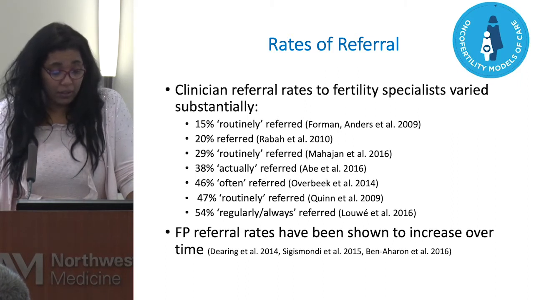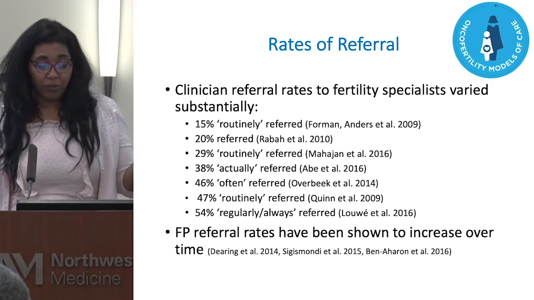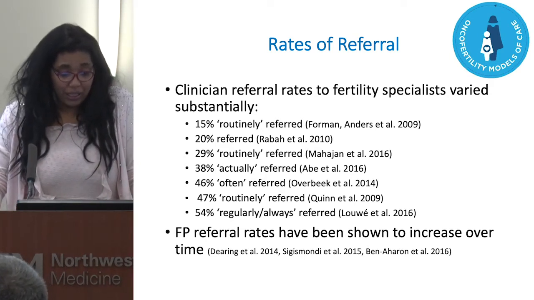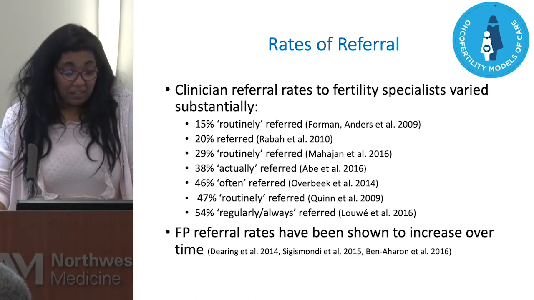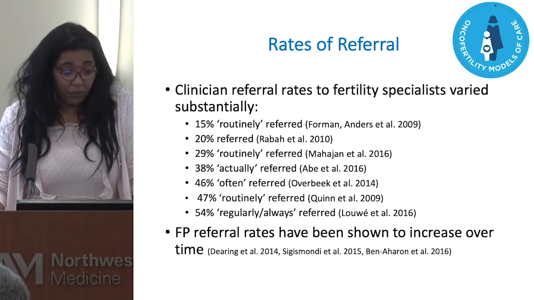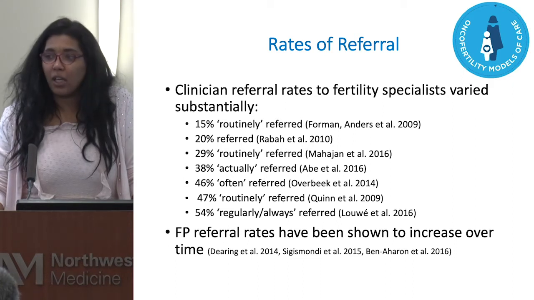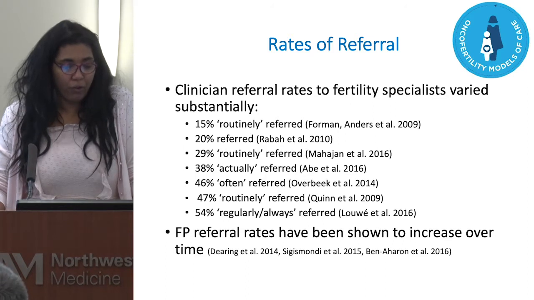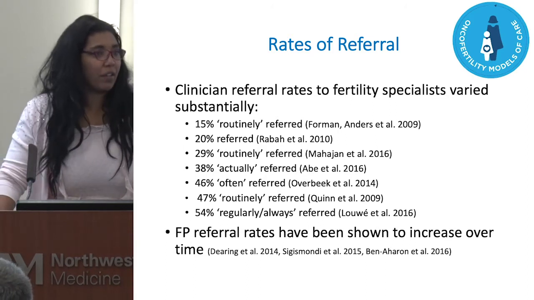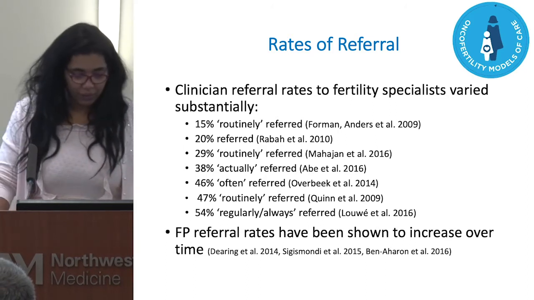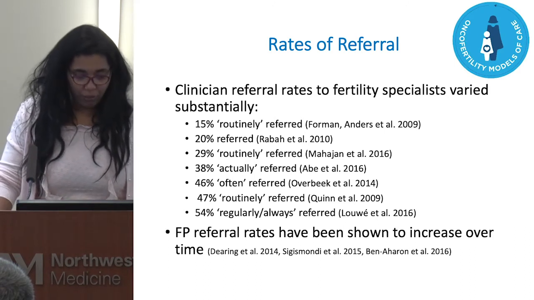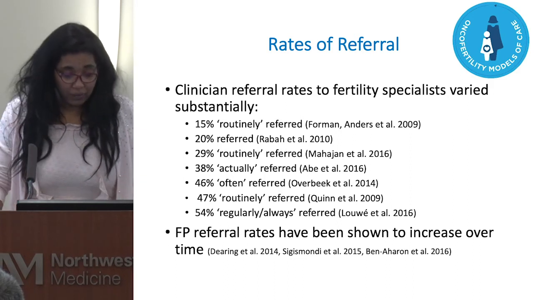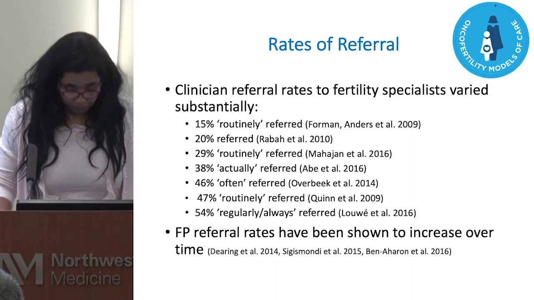While this was a systematic review over a 10-year period coming up to 2017, we could say that there's been some improvements from 15% to 54%, but our patients' expectation, certainly in our charter, was that everyone should be told and have the expectation that they're told about fertility preservation and should be offered a referral if they felt that it was important for them. So certainly an area we could do better.